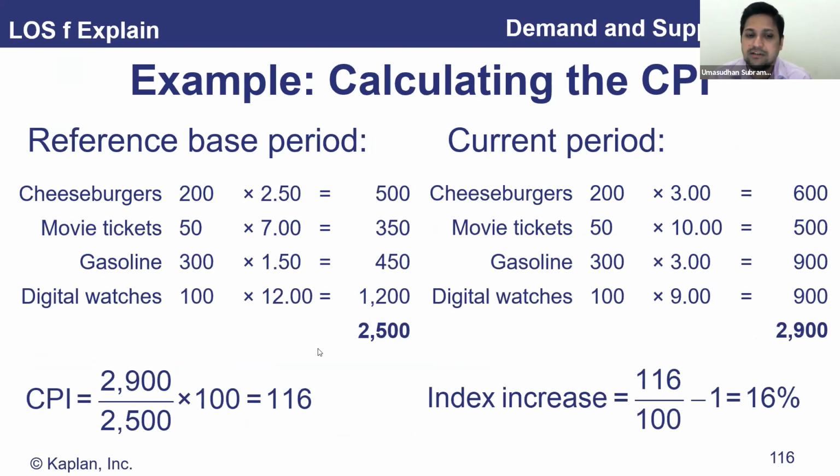So the prices have increased from 2,500 to 2,900, weighted based on these fixed numbers. The index times 100 gives you 116. And so 16% is your inflation: 116 divided by 100, minus 1, gives you 16%.